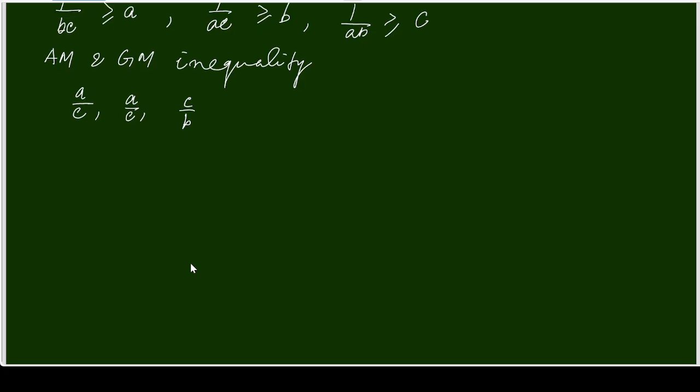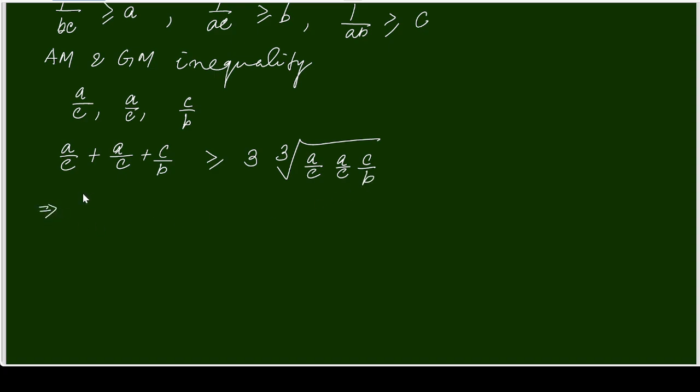So I can write a over c plus a over c plus c over b is greater than or equal to 3 times the cube root of a over c times a over c times c over b.